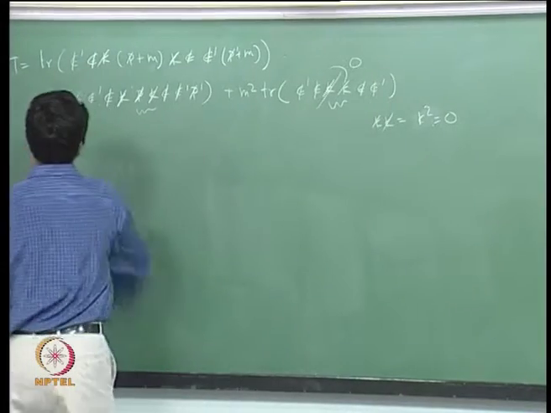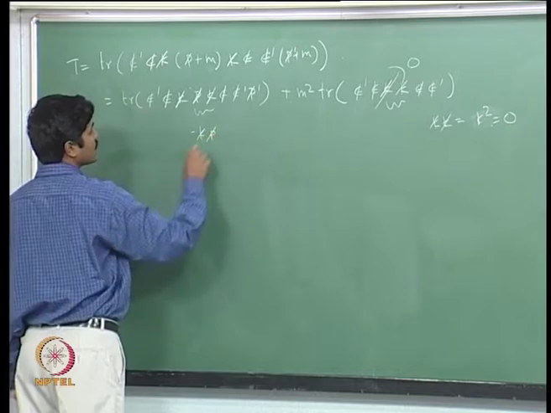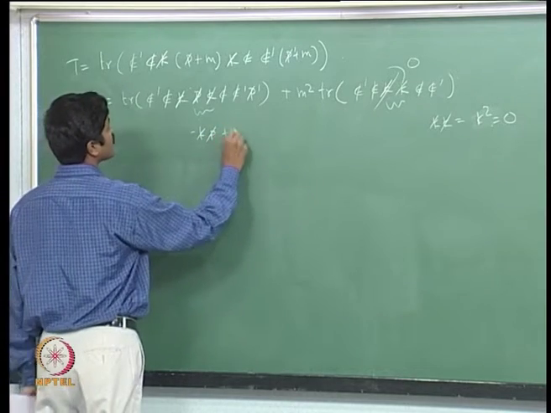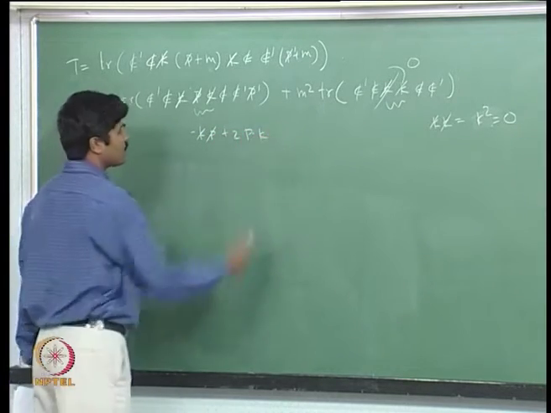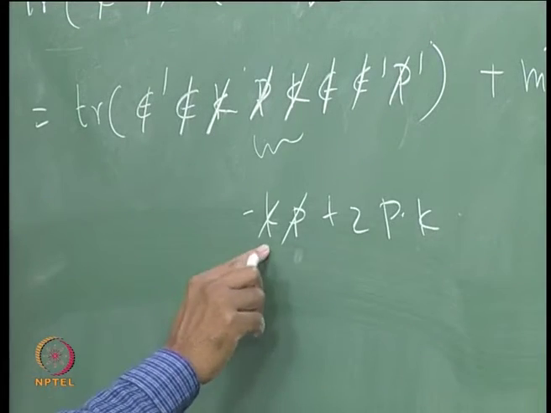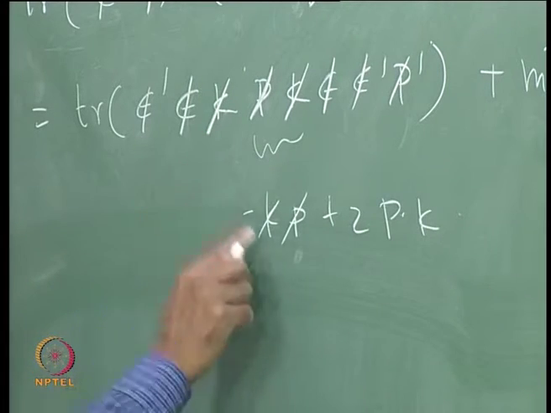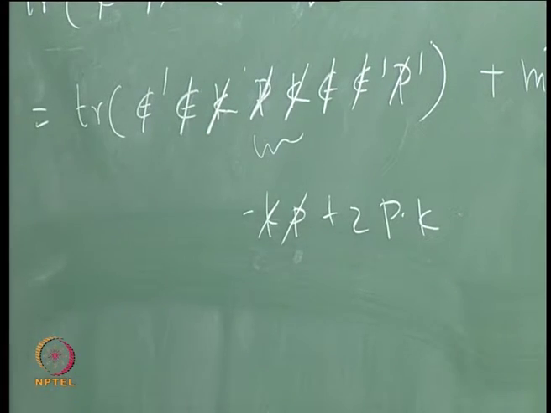Let us use it here. This will give me minus k slash p slash plus twice p dot k, but the first term where there is a minus k slash p slash, this k slash is here. So, it will give k square which will give you 0.